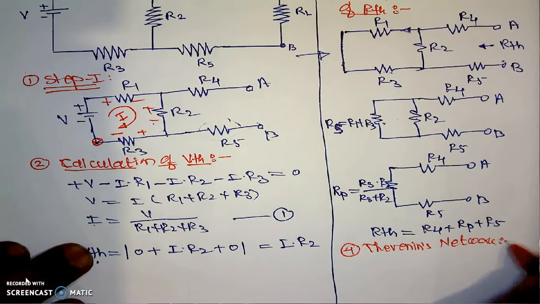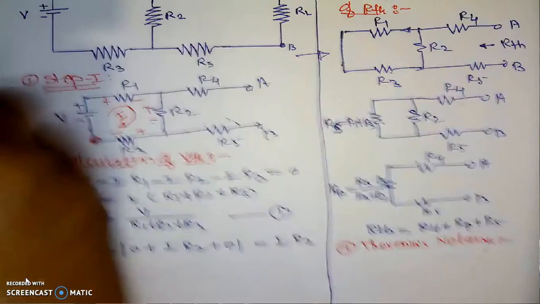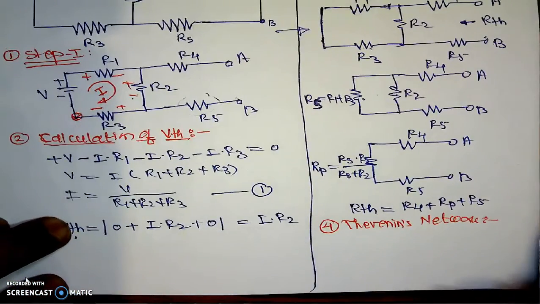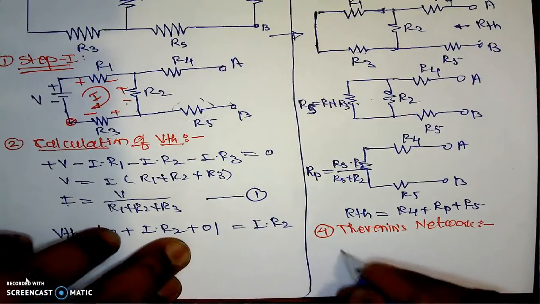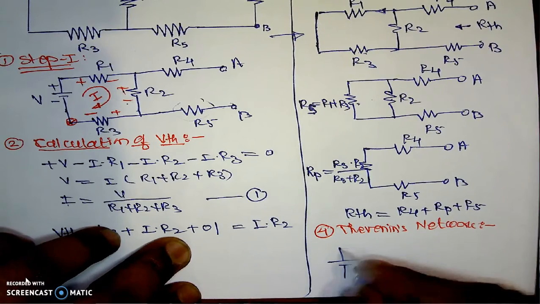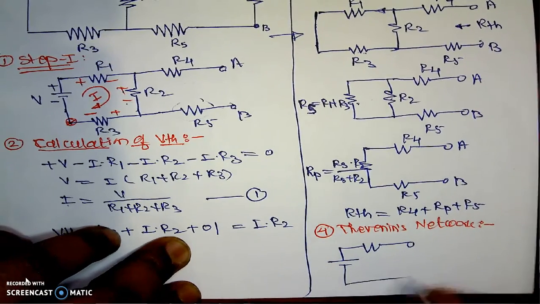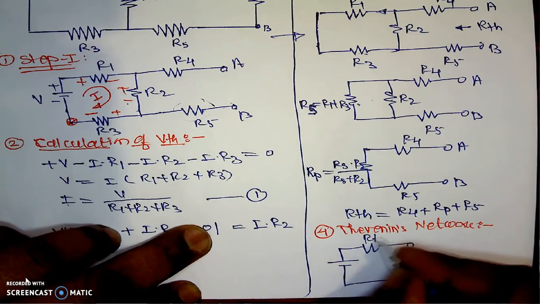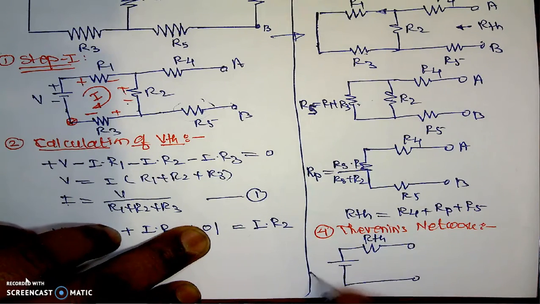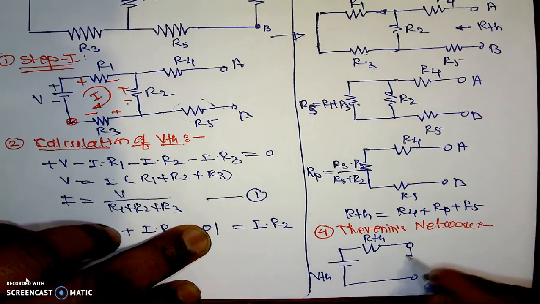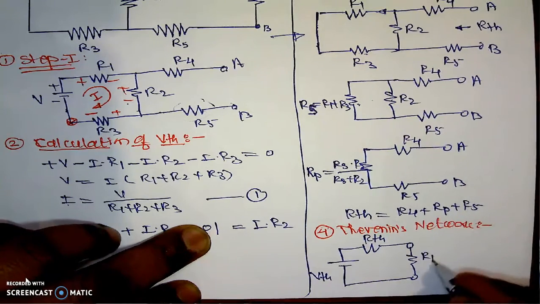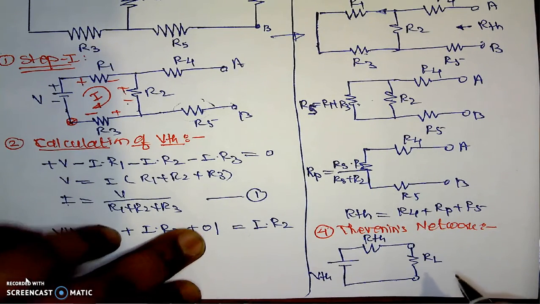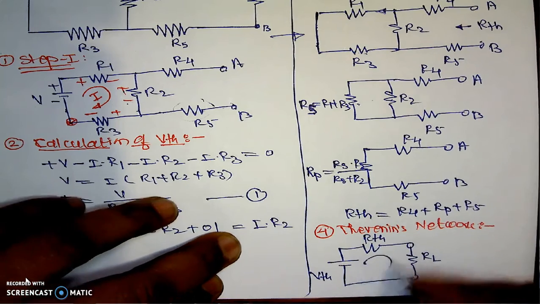We will draw the Thevenin's network and reconnect the load resistance which was removed in the first step. It will be something like this. Here, this is RTH which we calculated. This is VTH which we have calculated, and here it will be the load resistance RL which was removed in the first step. Now here we can calculate its load current IL.